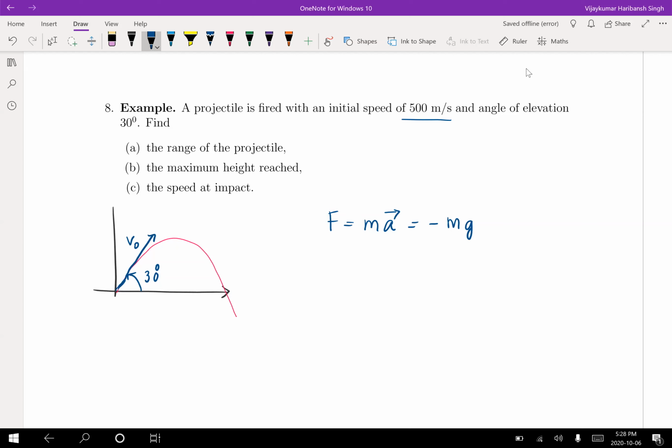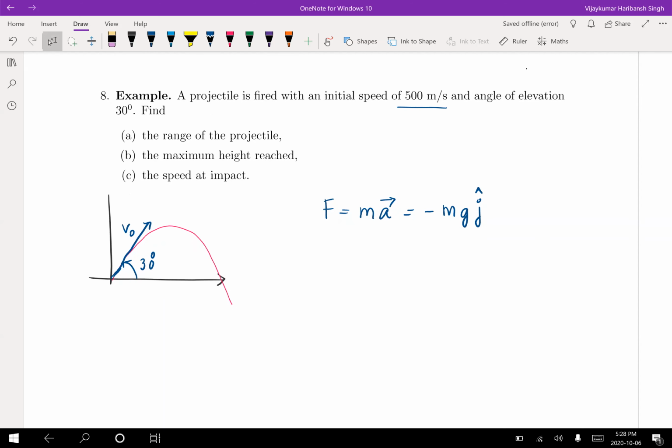We have minus mg because it's downward. So now what is my A? A is going to be minus gj.